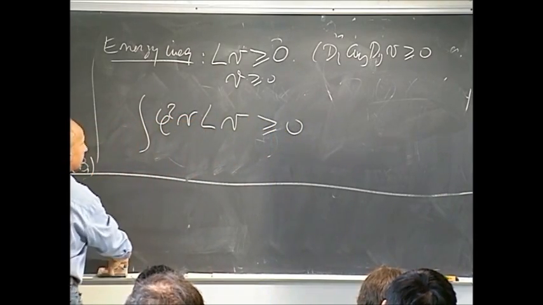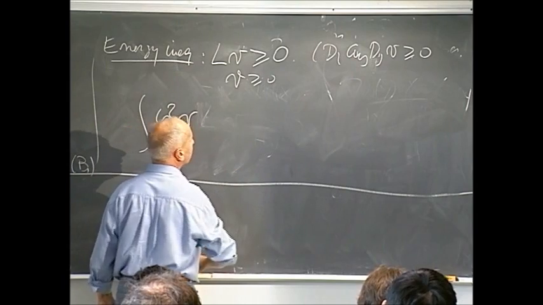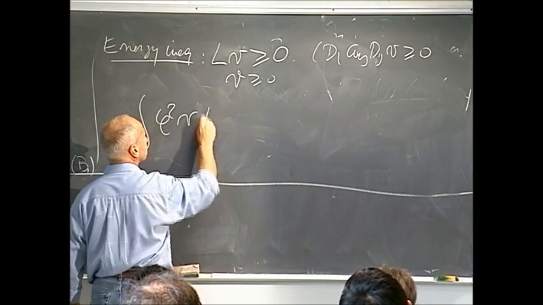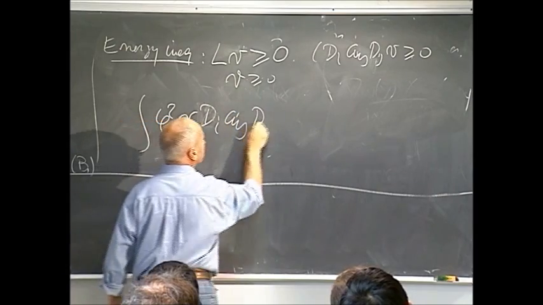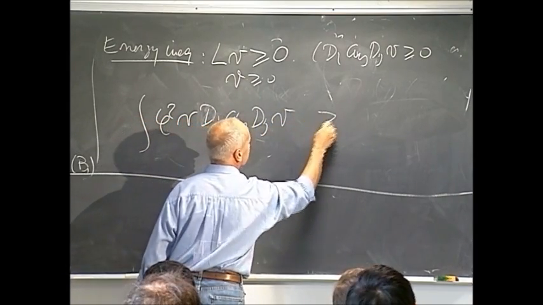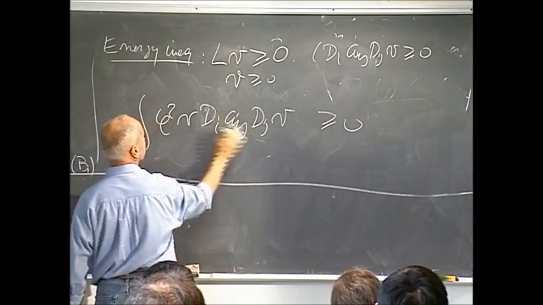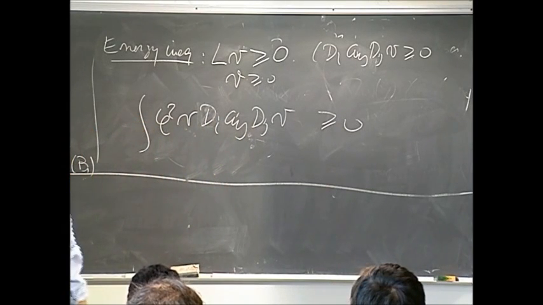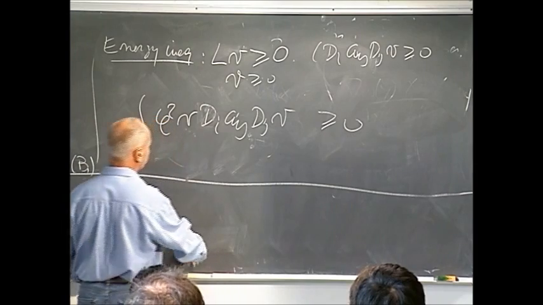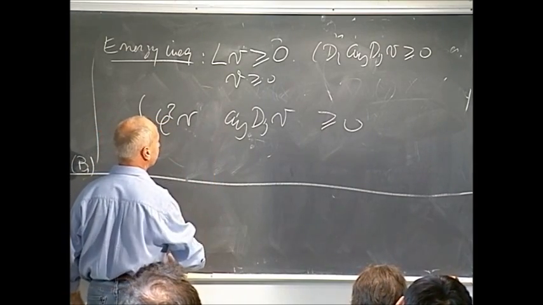So this integral of d_i A_ij d_j V is bigger or equal than 0 because V is positive and this is positive, right? And so if you integrate by parts, you can put the d_i here.